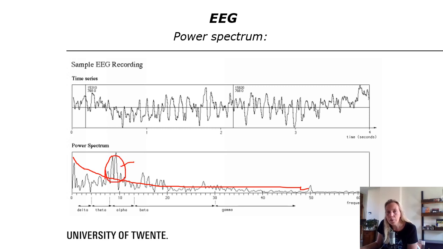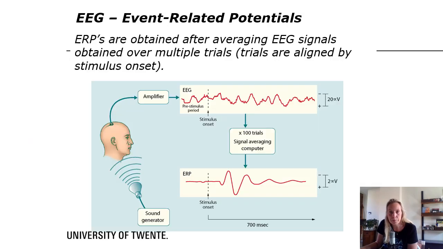And this is the alpha rhythm. And the alpha rhythm is always more pronounced because it's just more dominant in your brain. So usually what you see in a normal healthy adult is this kind of a bump, with this bump being around 8 to 12 hertz. And that's the alpha rhythm. It's perfectly normal.